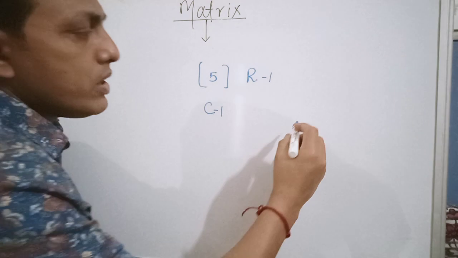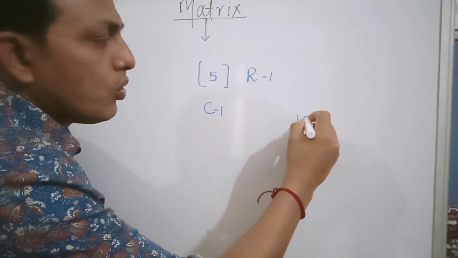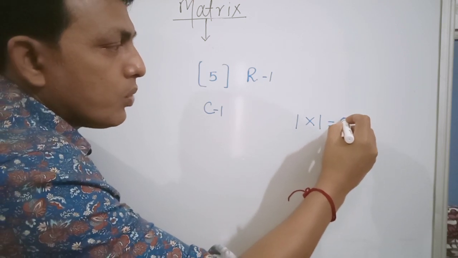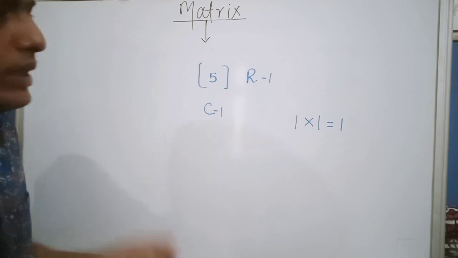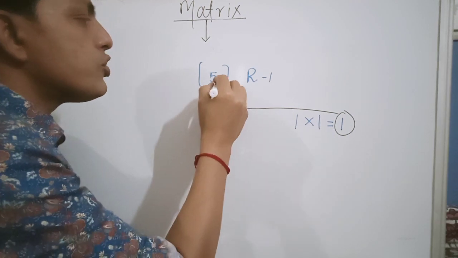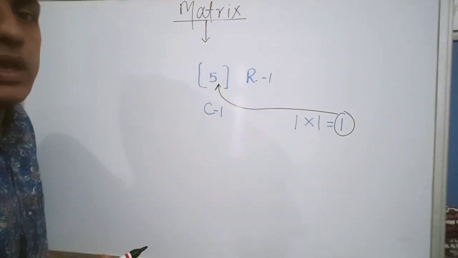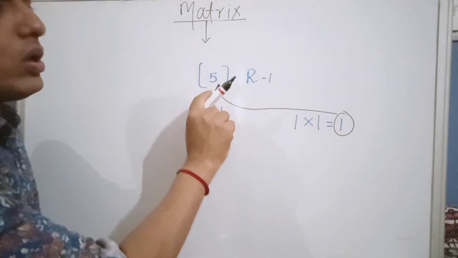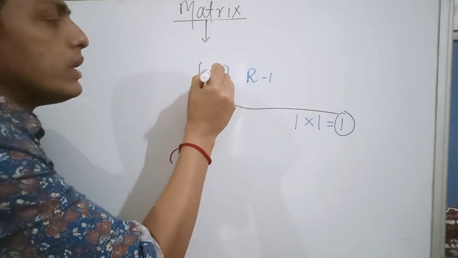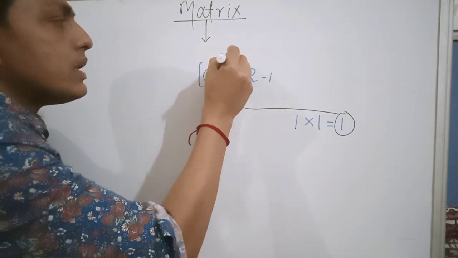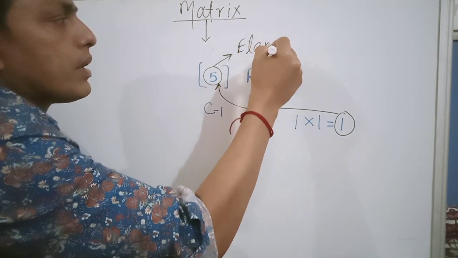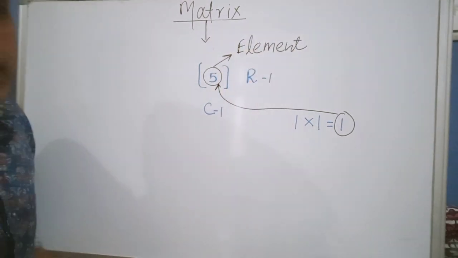Correct? See, 1 row, 1 column, the value of this product is 1, and this one represents how many numbers you have used in the matrix. See, this is the number, not the value. So 1 number has been used. Actually, the number used inside the matrix is called an element of the matrix.